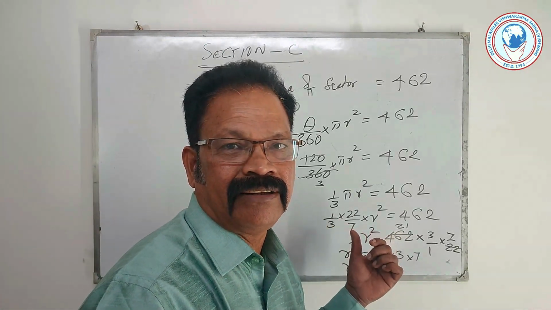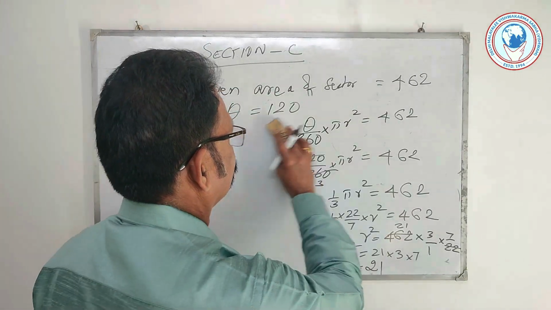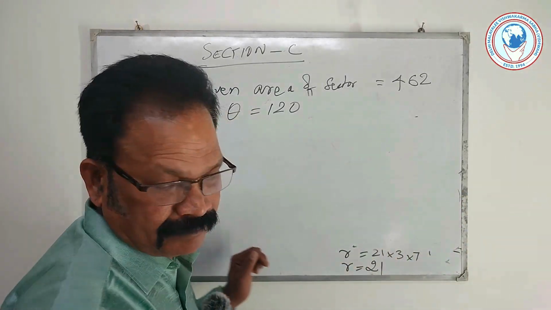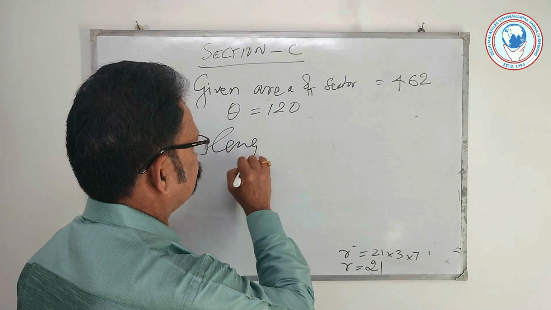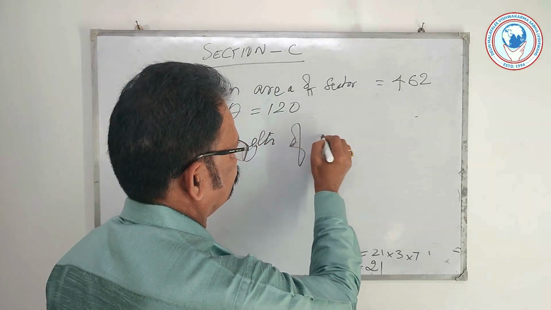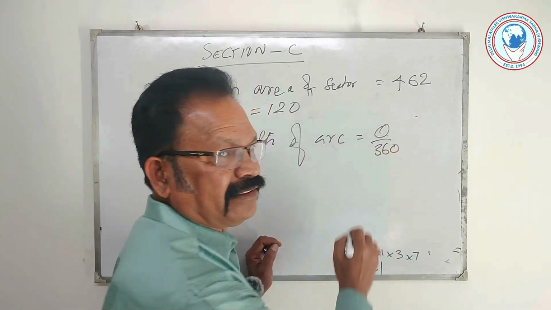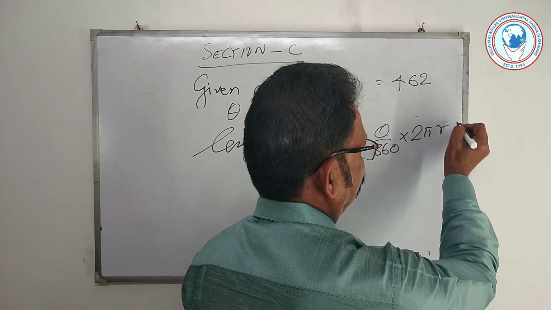Now, to find the length of the corresponding arc. Length of arc formula is equal to theta by 360 into 2 pi r.